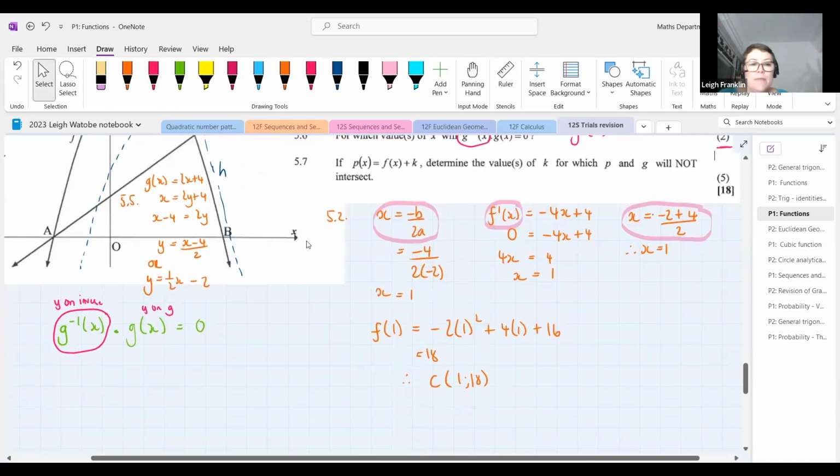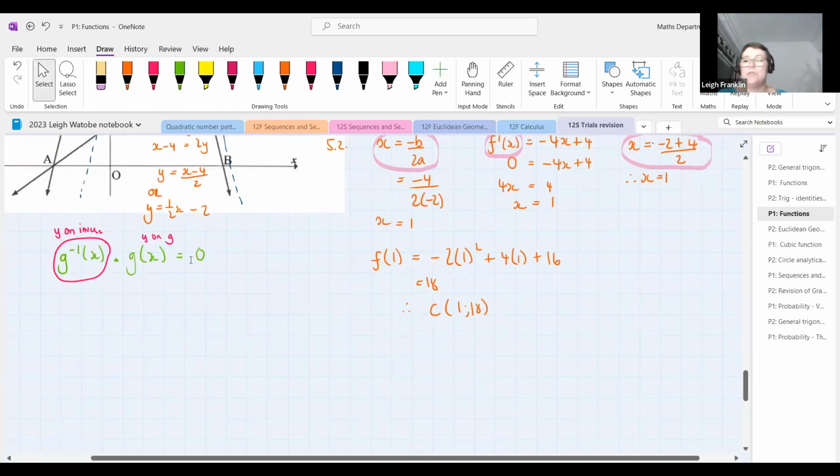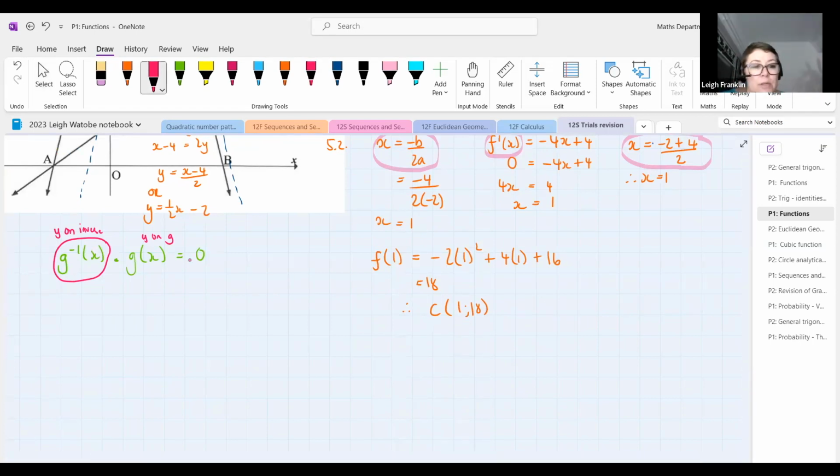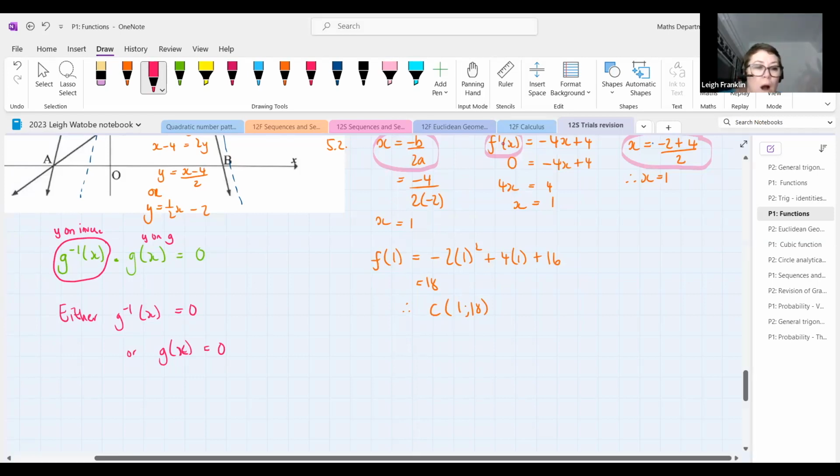So now if you think about this, guys, how is it possible for something to be equal to 0? For this to be true, either this must be equal to 0 or this must be equal to 0. That's the only way that this can happen. So where is y equal to 0? y is equal to 0 at the x-intercept.